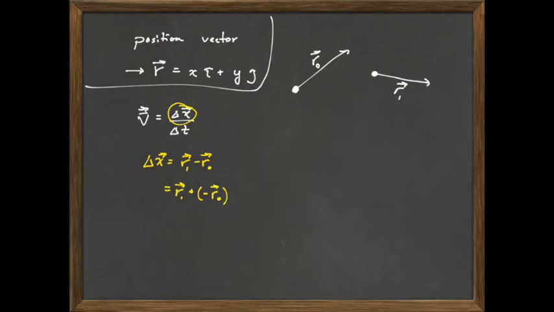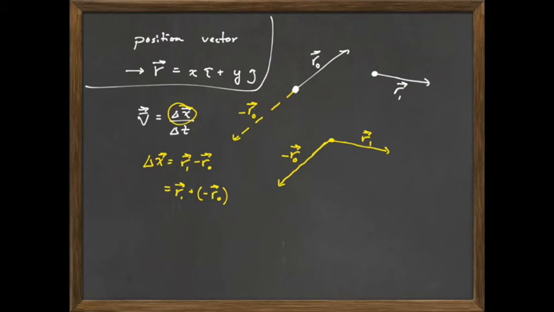If I do that with these vectors, I start with R1, and then I draw the negative of R0, maybe something like this. I pick that vector up and draw it here. I draw the two vectors from the same origin.